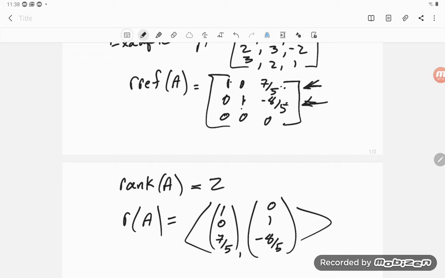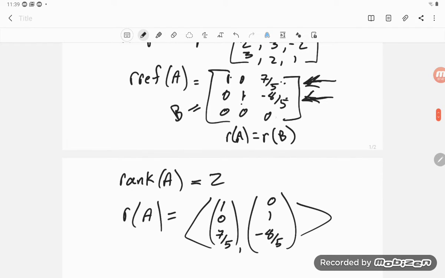And so this is definitely a linearly independent set, but we know the row space of this matrix, B, if this is B, the row space of B is equal to the row space of A. We had our theorem that says that row equivalent matrices have the same row spaces.